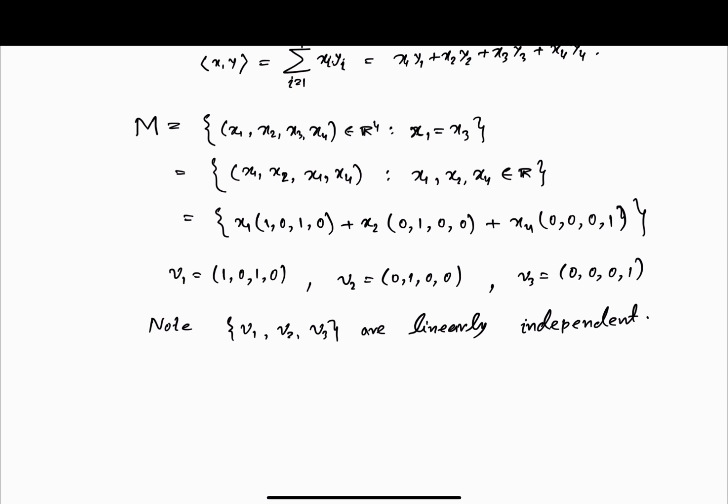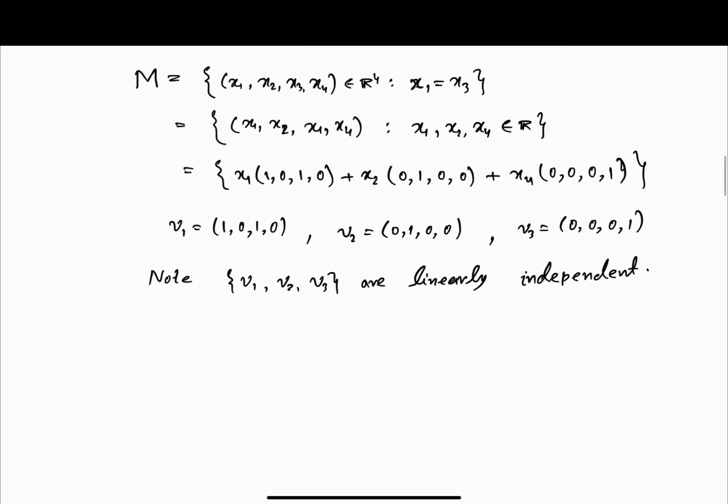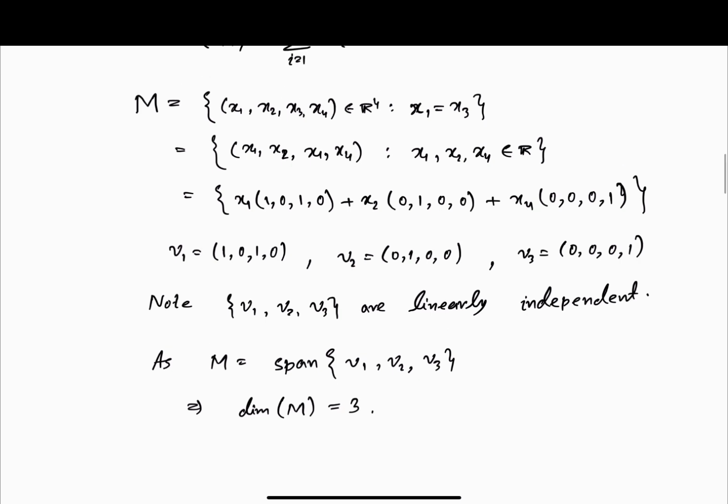So M is the span of these three vectors, meaning finite linear combinations of v1, v2, v3, and they are linearly independent. Which implies the dimension of M is 3. So we have found the dimension of M, which is 3.